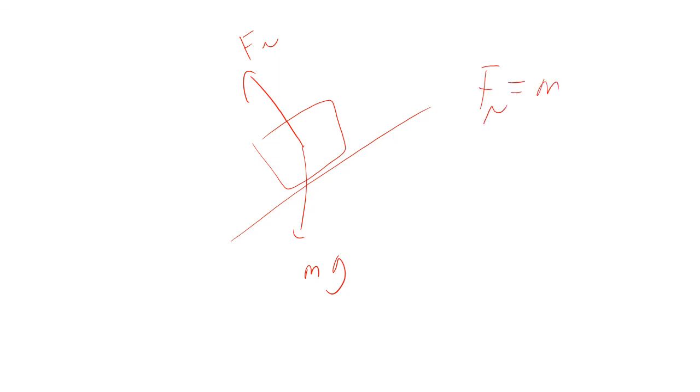Now students often make a mistake thinking the normal is just mg, or on an incline, as we just calculated here, you just assume F normal equals mg cosine theta. That's not true if there's another force pulling on it. The normal is only whatever it needs to be so that the acceleration in or out of the plane is 0.